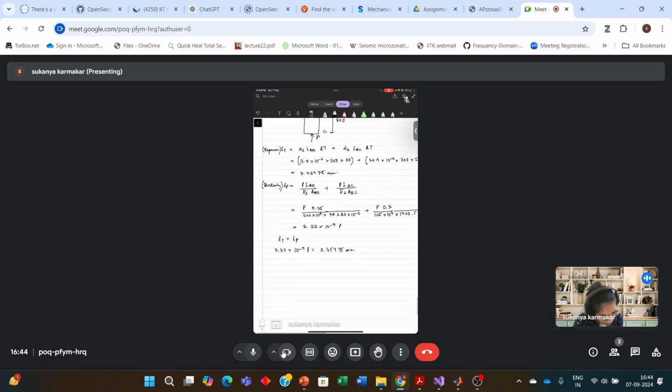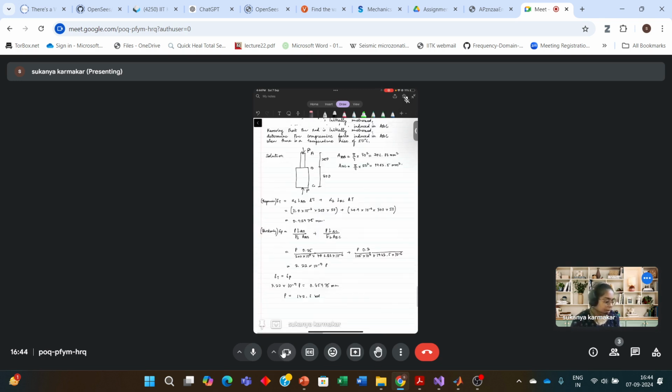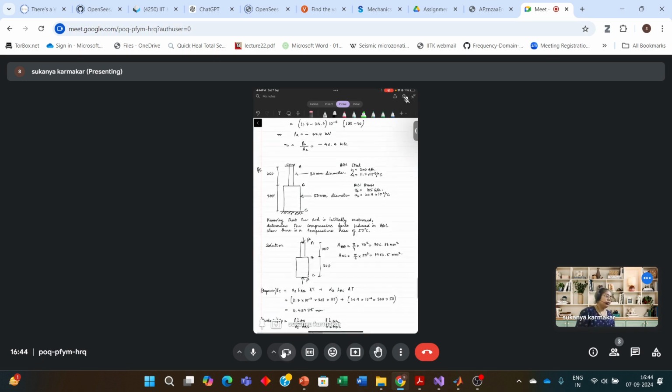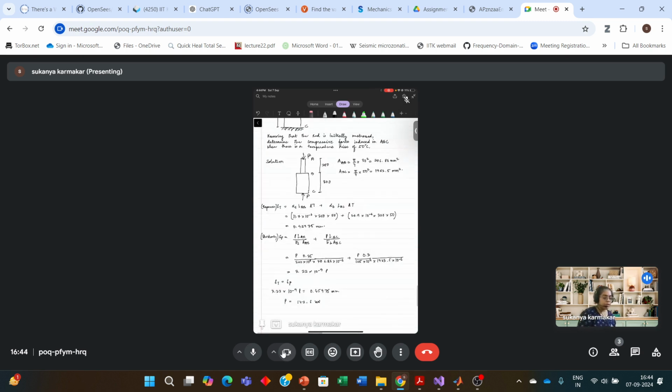If you solve this, you will get the value of P to be 142.6 kilonewton. So you use the boundary conditions of the system, that it can't move, to calculate the axial force because of the change in temperature.